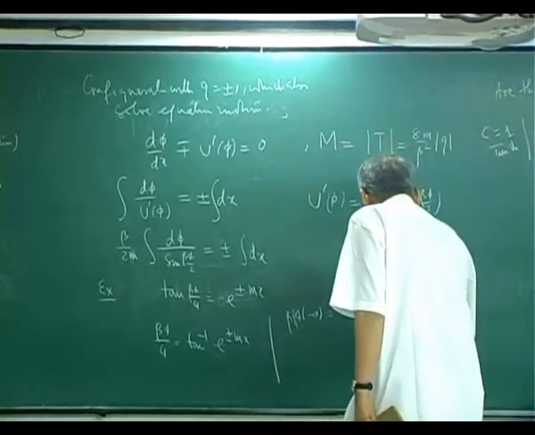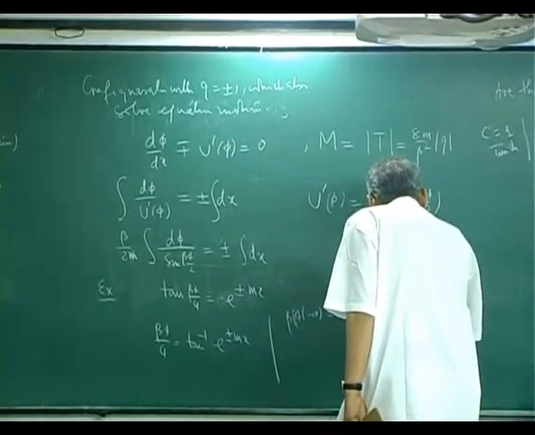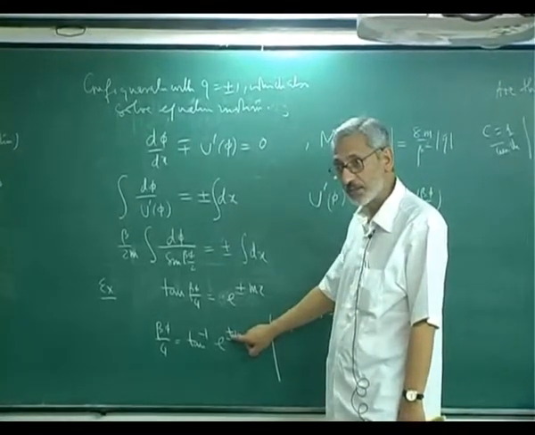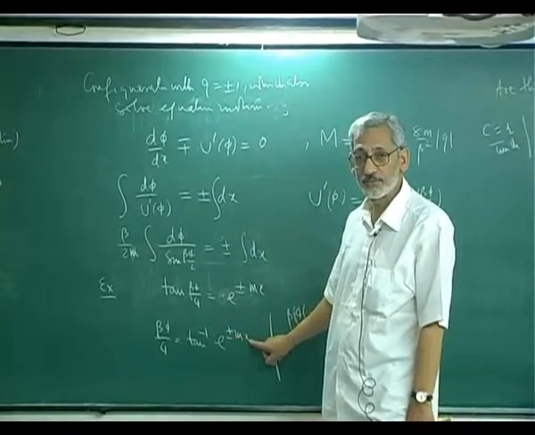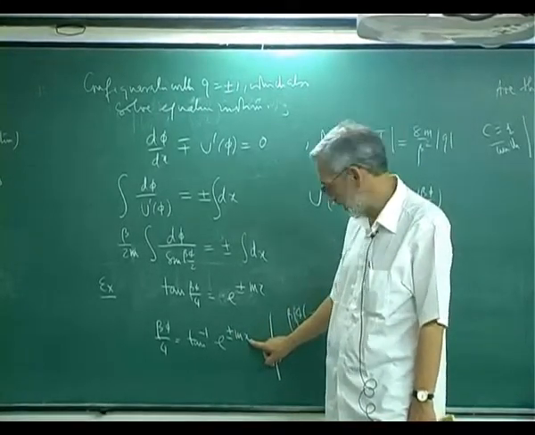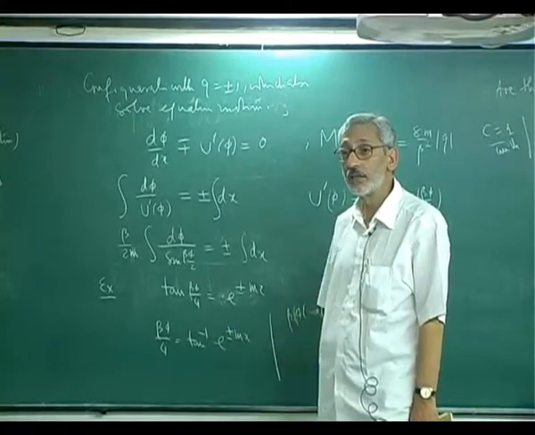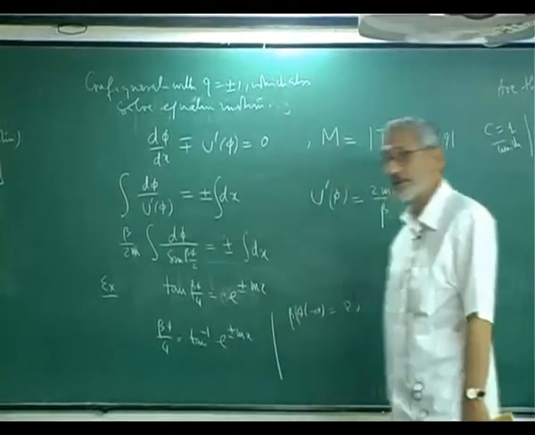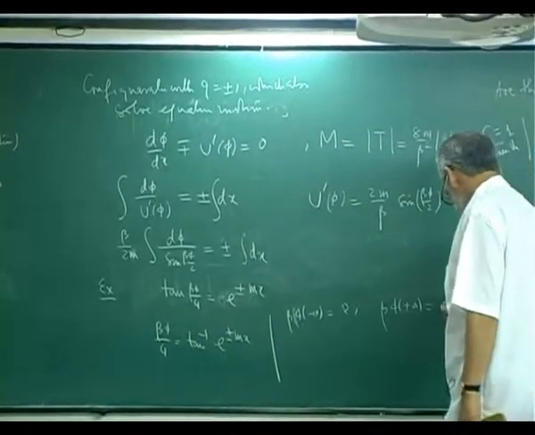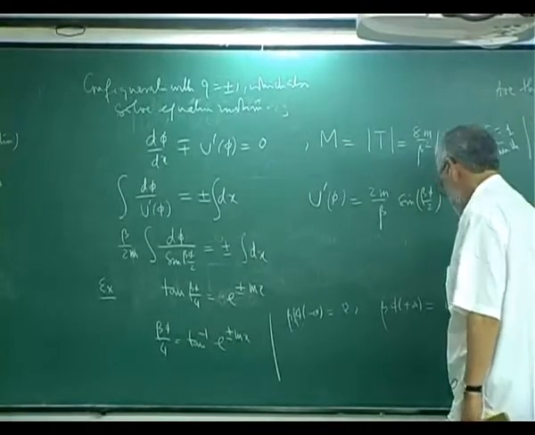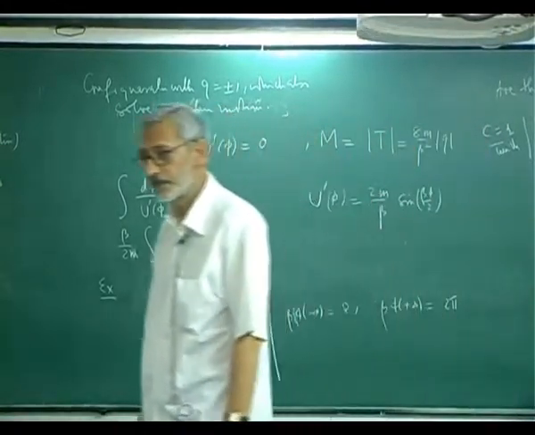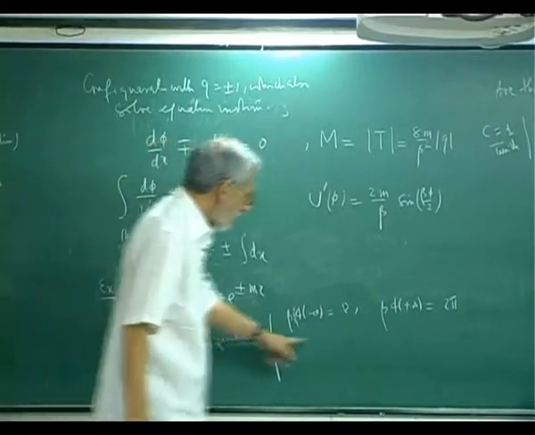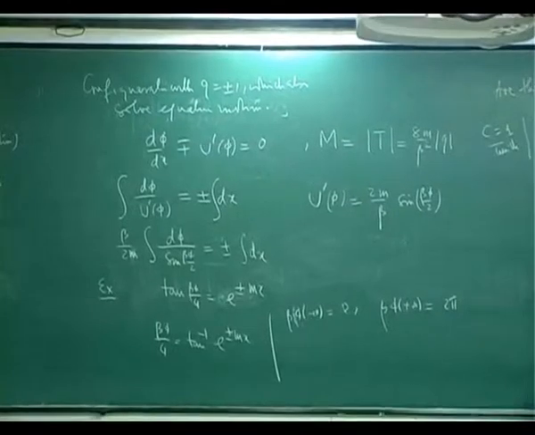And beta phi at plus infinity with the upper sign is exponential infinity. Exponential infinity is infinity. Tan inverse of infinity is pi by 2. So beta phi by 4 is pi by 2. So with the upper sign here, we have a solution with the profile given by this.